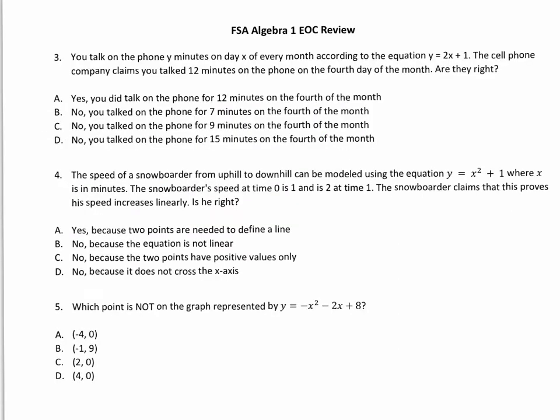Okay, you talk on the phone Y minutes on day X of every month according to this equation. The cell phone company claims you talk 12 minutes on the phone on the 4th day. So the day is X and Y is 12. They want to know if they're right. Let's see how many minutes you would talk on the 4th day.